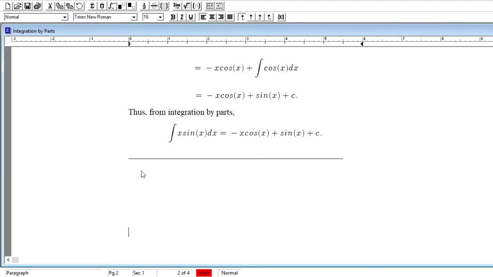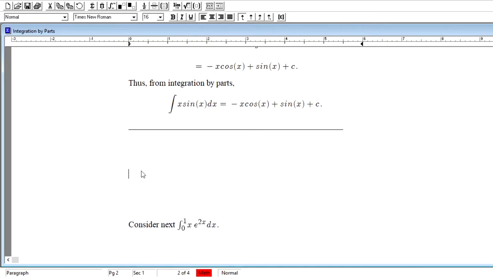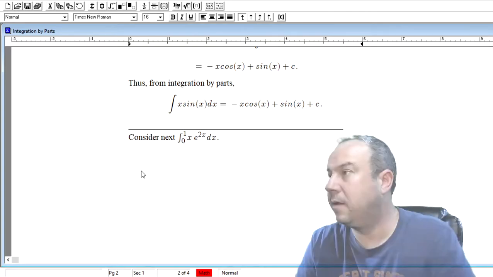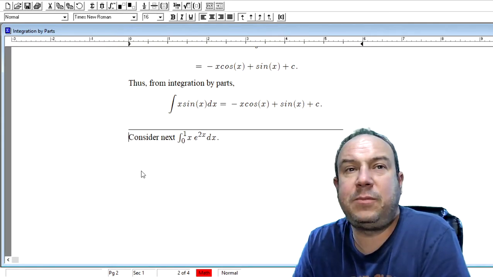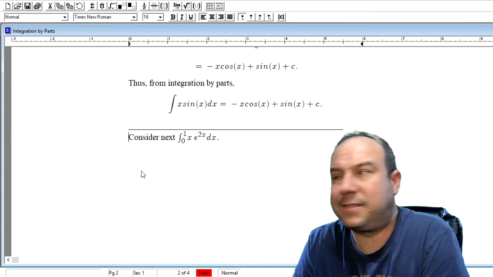There is also the case for the definite integration by parts. So I say let's consider next the integral from 0 to 1 for x times e to the 2x dx.